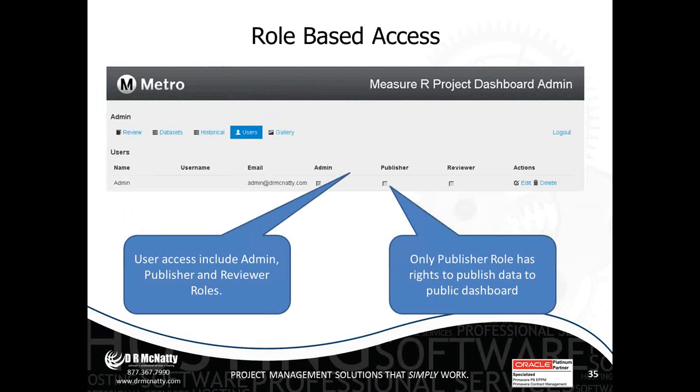I had talked about role-based access, so I might be a reviewer or an admin, but unless I have publisher rights, I don't have the ability to publish this information, and it can't be published until it's gone through the review and approval process.